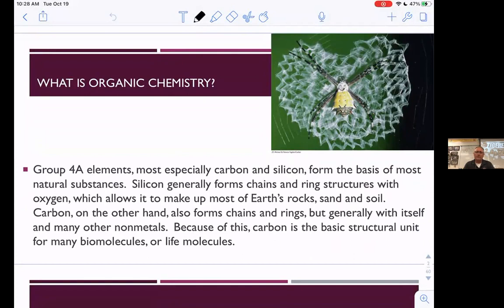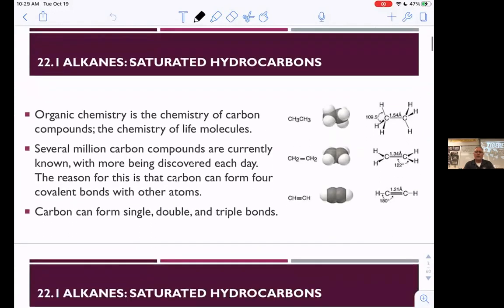Carbon, on the other hand, forms chains and rings, generally with itself. It can do it with other nonmetals, and carbon is the basic structural unit for the biomolecules that we have on Earth. What we're going to really focus on are not necessarily the chemicals of biology, but the organic compounds associated with carbon. Most of them just contain carbon and hydrogen, and we call those hydrocarbons.